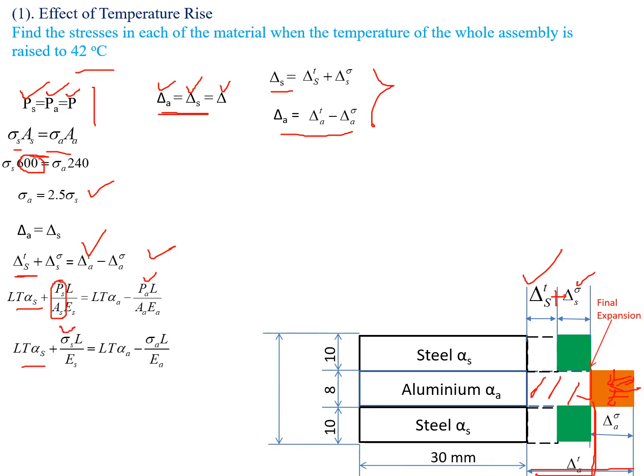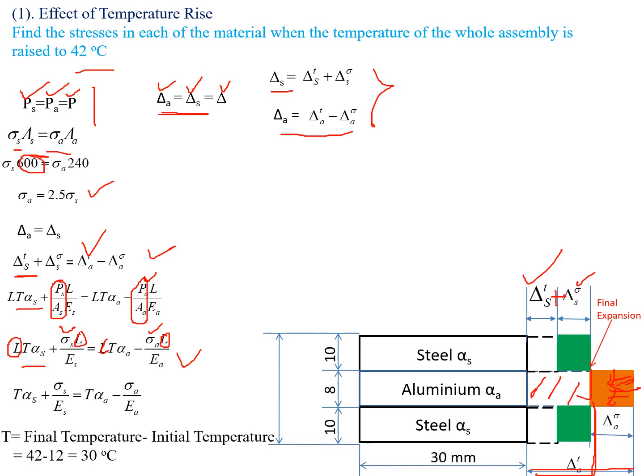So that is sigma S for the steel, sigma S L divided by the Young's modulus of the steel, which is equal to L T alpha A minus the compressive force divided by the cross sectional area, which is sigma of the aluminum, times L divided by E A. In this equation, L is common on the right hand side and the left hand side, so it will cancel. Then the equation becomes T alpha S plus sigma S by E S equals T alpha A minus sigma A by E A.